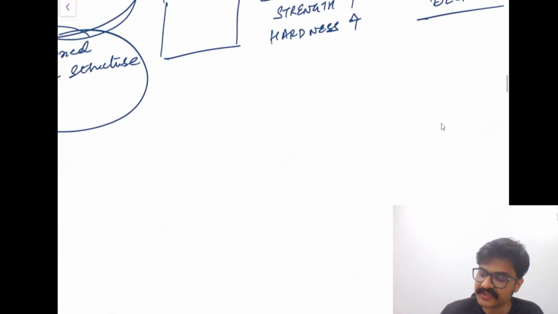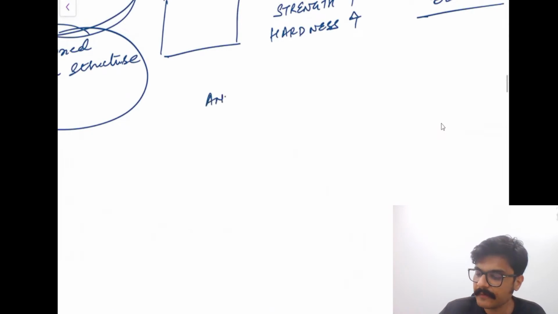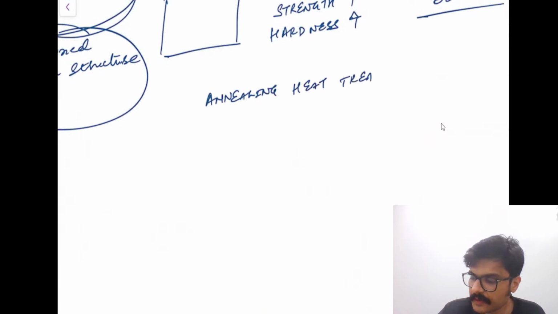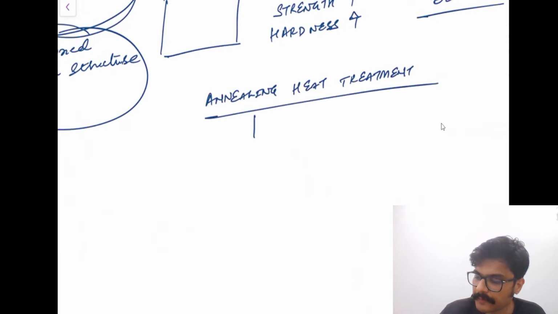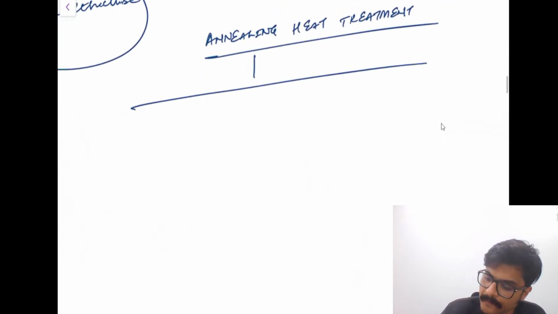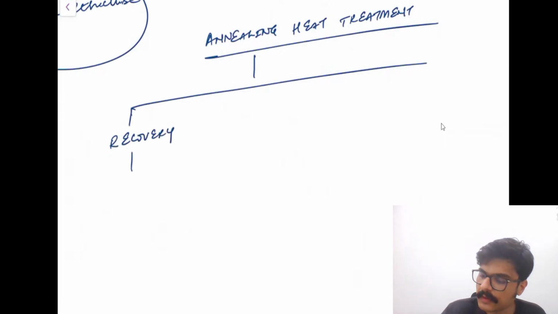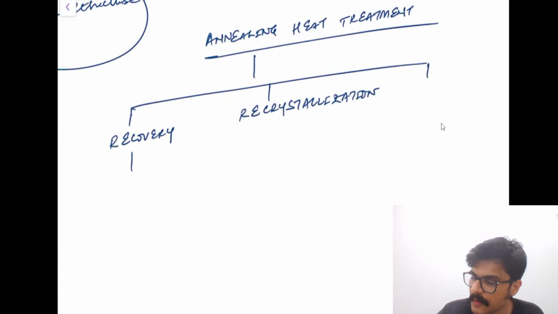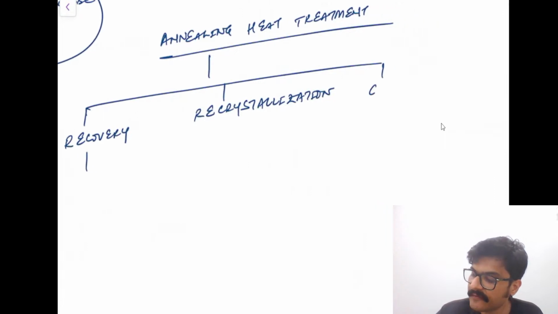And the three stages of an annealing heat treatment are recovery, then recrystallization, and then we have grain growth.